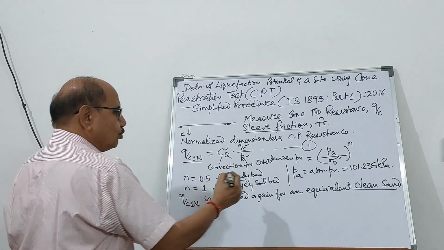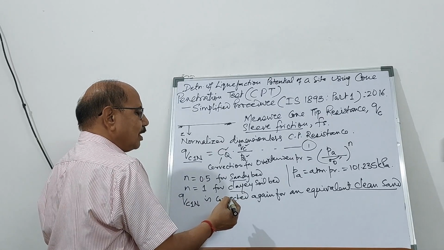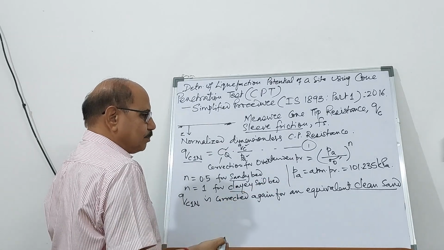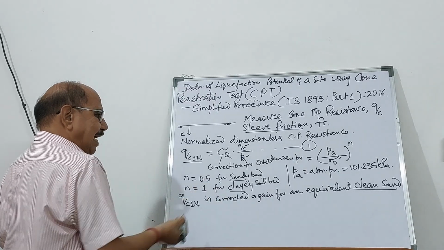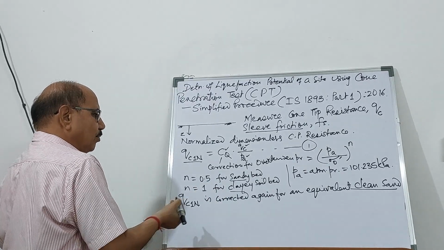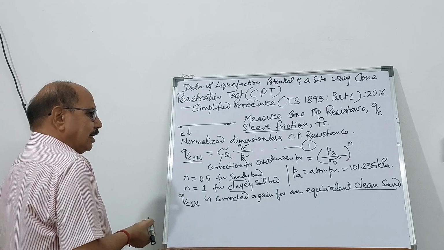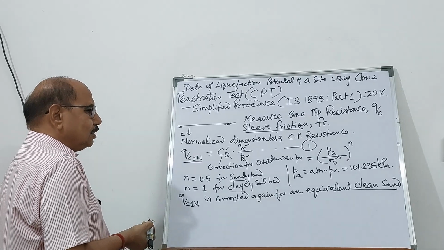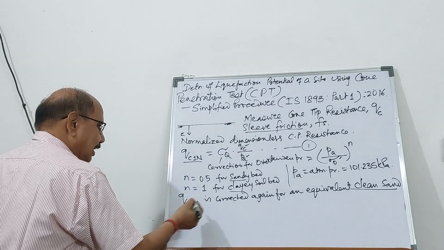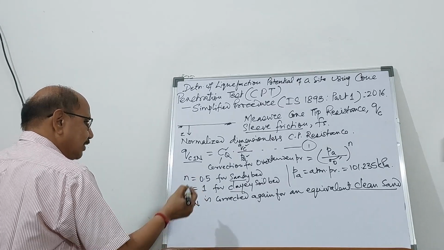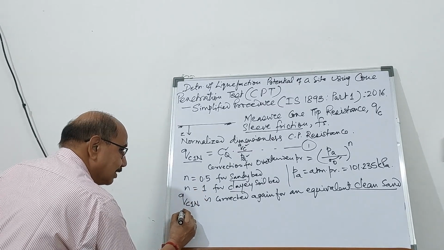But if it is going to be, say, having fines more than 5%, or it is going to be silty sand, so depending upon the percentage fines, you need to correct it, and it is corrected to an equivalent value of clean sand.